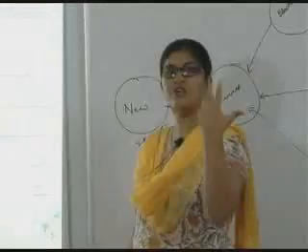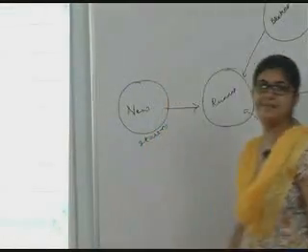Join is also there with milliseconds. It says it waits at most those many milliseconds for this thread to die. If the thread is not dying till that particular time, it's going to give the CPU to somebody else.